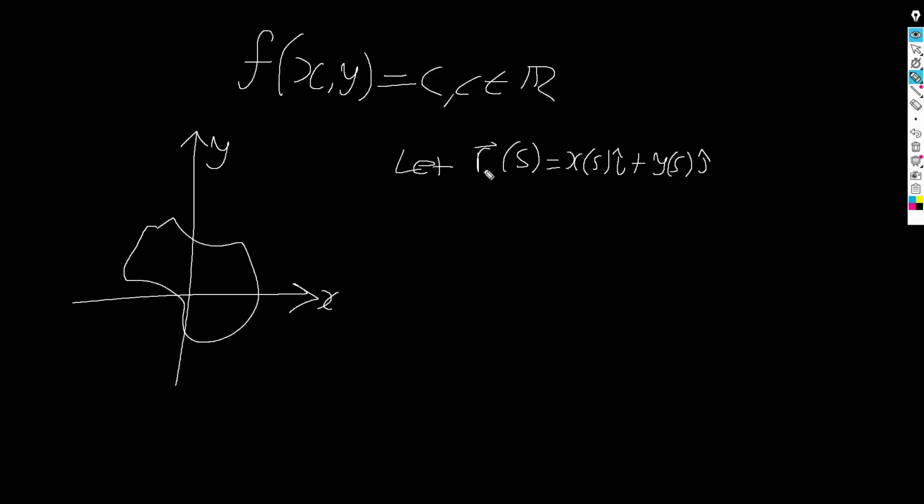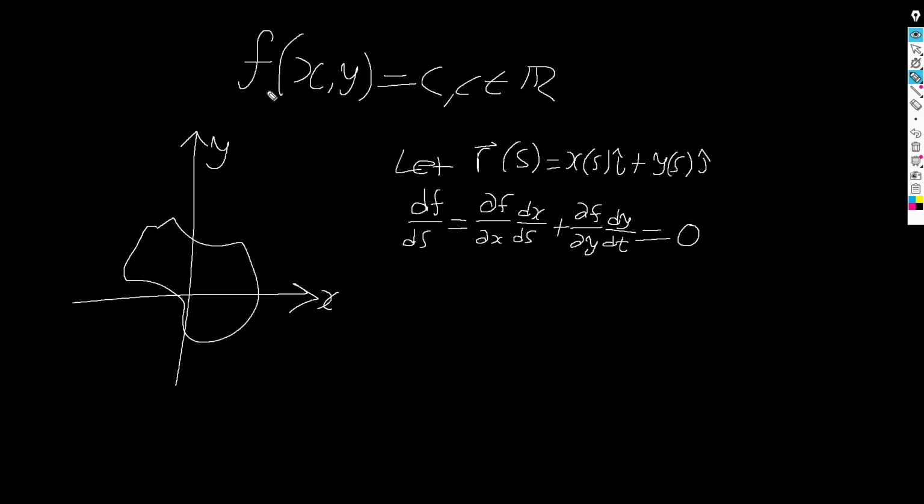So now let r of s be the vector function that represents every point on the level curve. If we want to find the directional derivative of this function in the direction of a unit vector, we realize that f is a function of x and y, which are both functions of s, so you'll probably know where this is going.